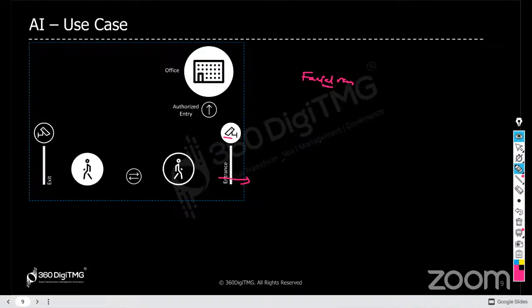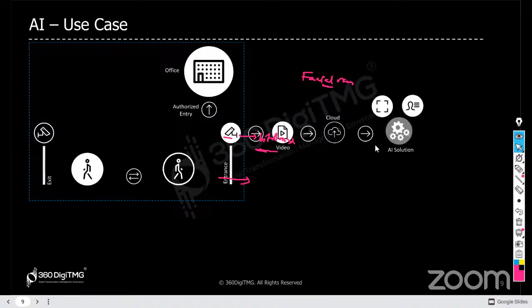Not just that, once we have the video also, I will take the video in bit format to avoid the data privacy norms. By converting the video into bit format, you don't worry about data privacy, and the data is shared as a report. You can see it here. I convert the video into bits, store it in the cloud, and find the AI solution, which is shared in the form of a report.